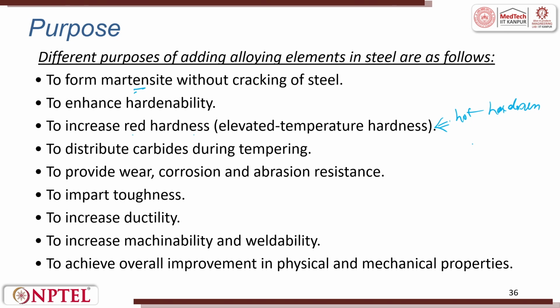If it is, then it gets worn out. So, to increase hot hardness, to distribute the carbide by tempering, to improve wear, corrosion and abrasive resistance, to impart toughness, to increase ductility, machinability and welding, and to achieve overall improvement in the physical and mechanical properties, we always go for alloying elements.